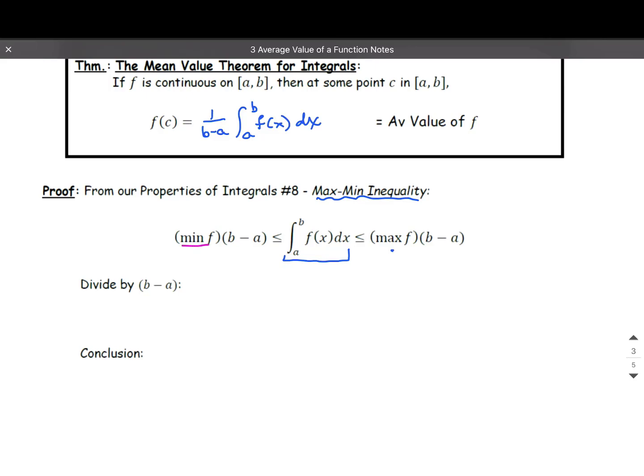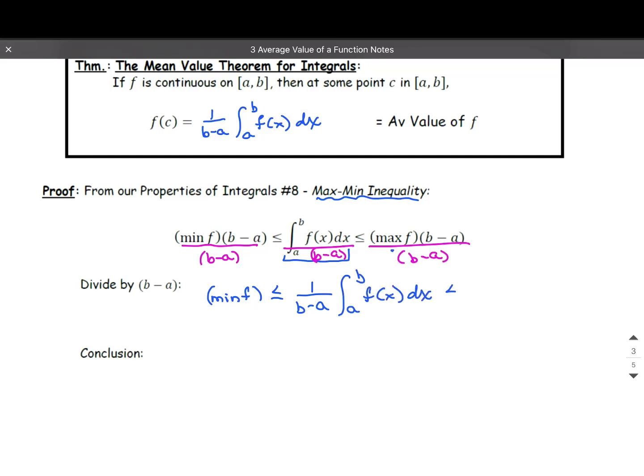Now if I divide each part by b minus a, that's going to leave me with the minimum of f is less than or equal to 1 over b minus a times the integral from a to b of f of x dx, which is less than or equal to the maximum of f.